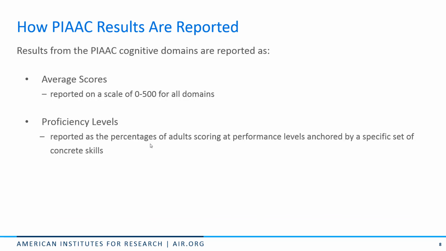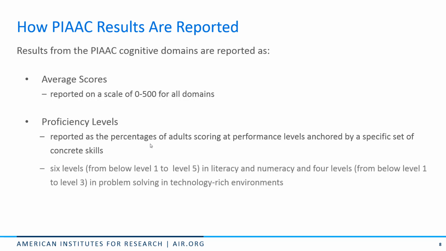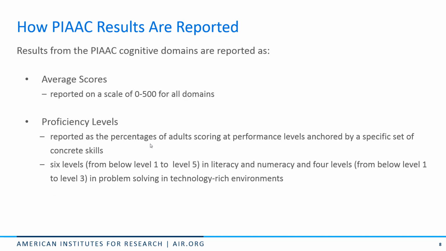Proficiency levels are reported as the percentage of adults scoring at each performance level anchored by a specific set of concrete skills. The literacy and numeracy proficiency levels are reported as 6 levels, from below level 1 to level 5, and digital problem solving is reported as 4 levels, from below level 1 to level 3.